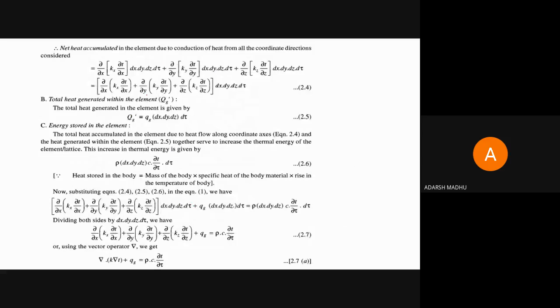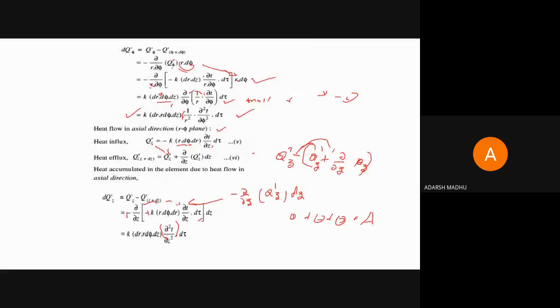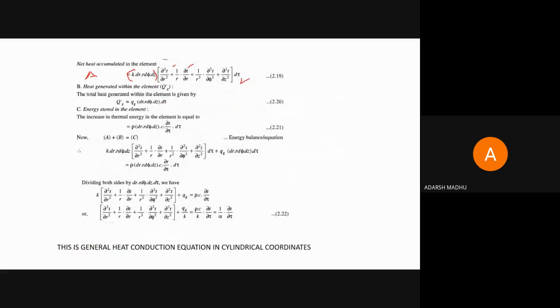Here we are taking the volume dr d phi dz, so qg into dr d phi dz into d tau. That is simply the B term.